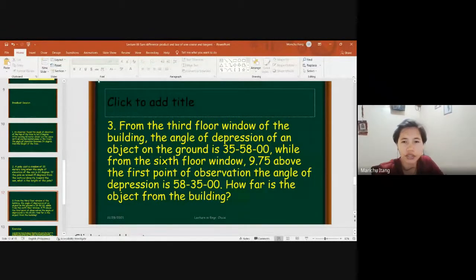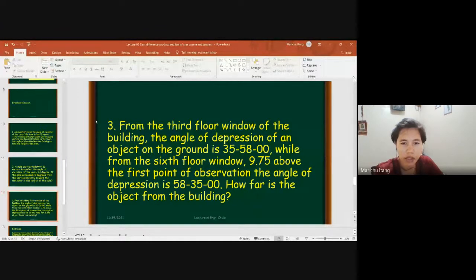Okay. First things first, you picture out the situation. From the third floor, there is a building with a third floor. The observer on the third floor sees an object on the ground. The angle of depression when he sees the object on the ground is 35 degrees, 58 minutes.